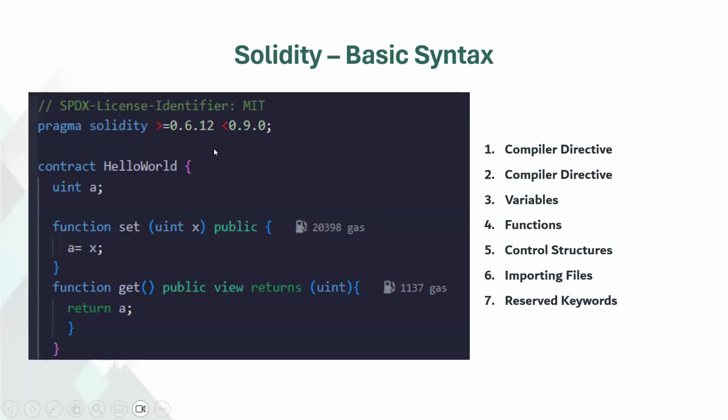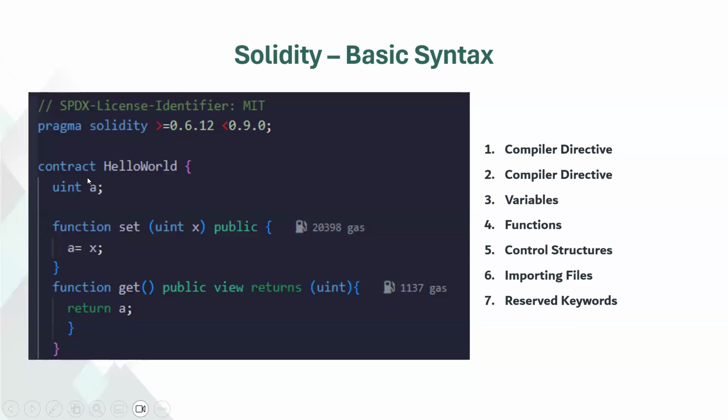This part of the pragma directive specifies that the code should be compiled with a Solidity compiler version equal to or higher than 0.6.12, but less than 0.9.0. This ensures that the code is compatible with the latest version of Solidity, but doesn't break if a new version with breaking changes is released.